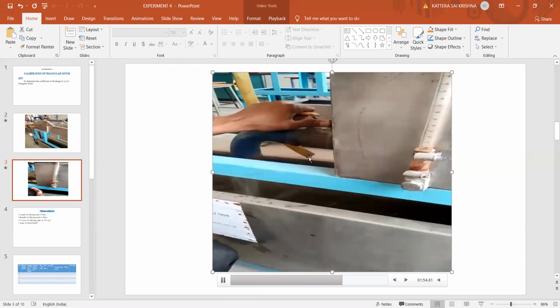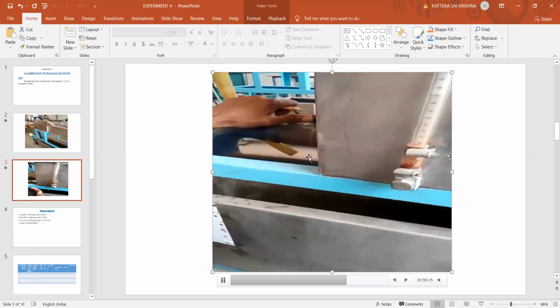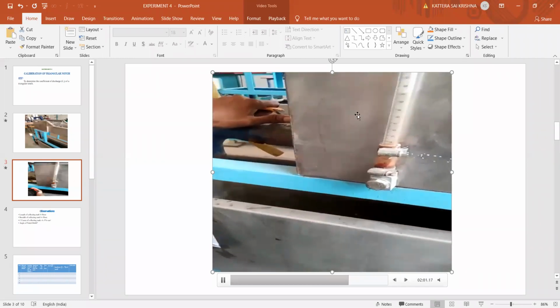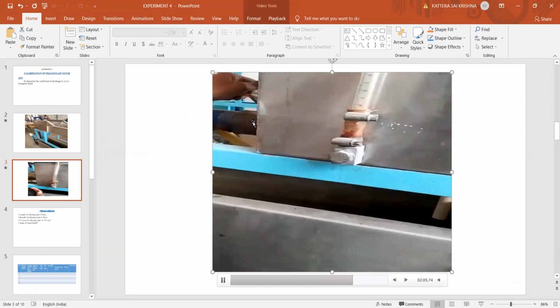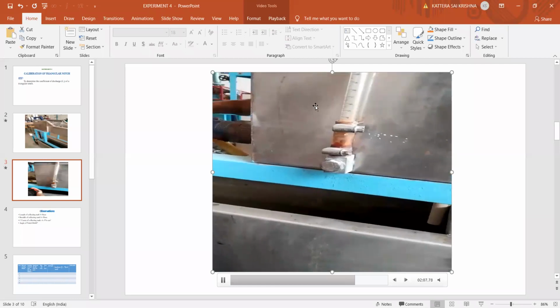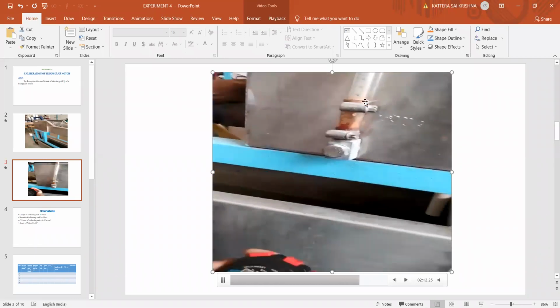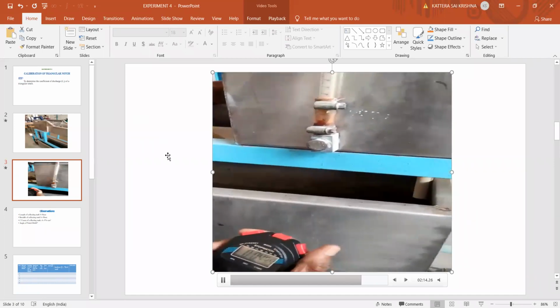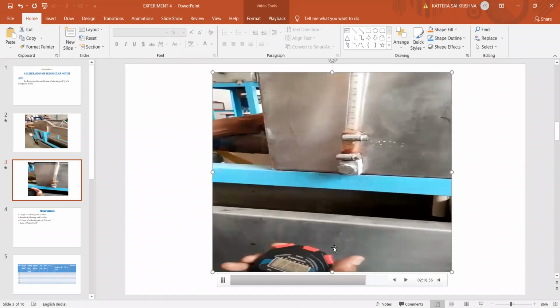After that, when you know that it is constant, and in no way is the water coming above the pointer, at that time we should go for the collecting tank, time taken for the 10 centimeters rise. So first empty the tank, then close the valve of the collecting tank, then take the time taken for the 10 centimeters rise of water.